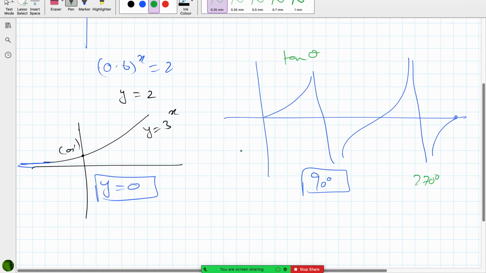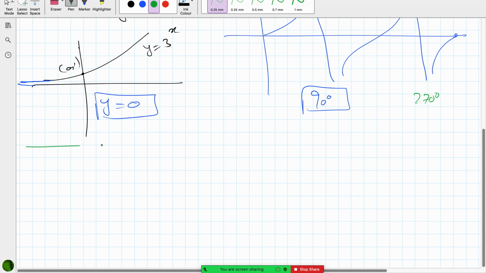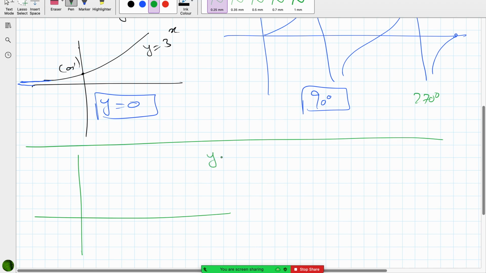Now I'm not certain because we are not memorizing it, and yes, after practice we'll be able to see how it would look without even solving for a few values. Now this is y is equal to e raised to power x plus 1.